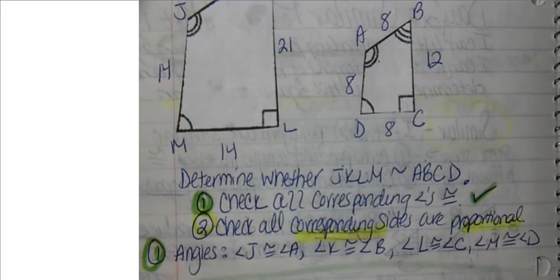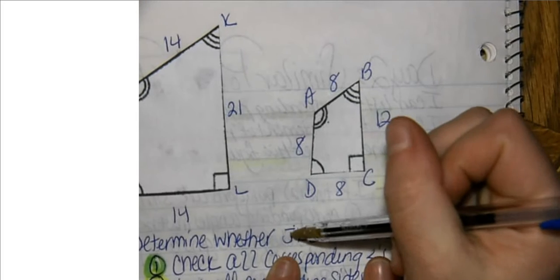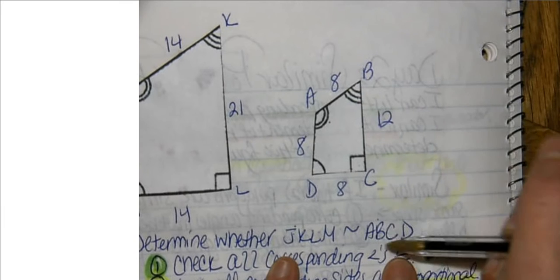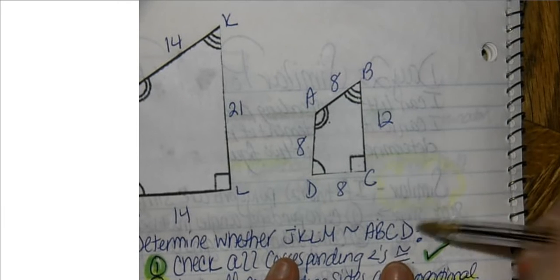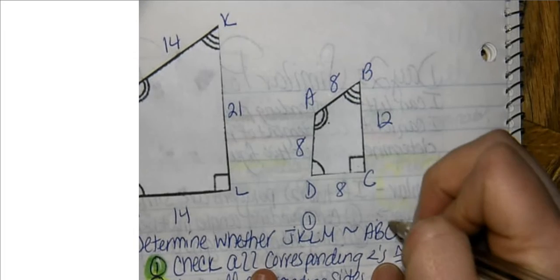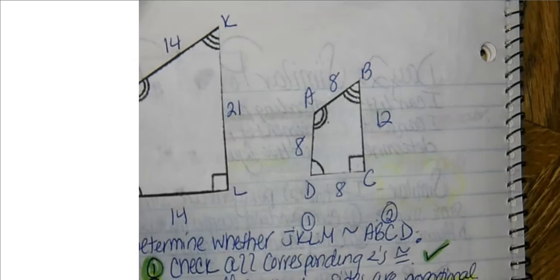So how do you do that? Well, you need to have an order in order for us to really work with scale factor. And when you're looking at a similarity statement, we're saying JKLM is similar to ABCD. That's what we need to check. So JKLM comes first, and ABCD comes second. That's what we are going to say in terms of this order.